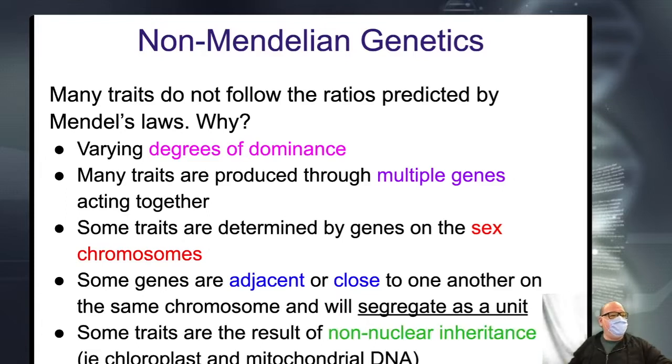And finally, some traits are from what we call non-nuclear inheritance. And that just means the DNA for these traits is not in the nucleus. Well, where would it be? Remember, mitochondria have their own DNA.